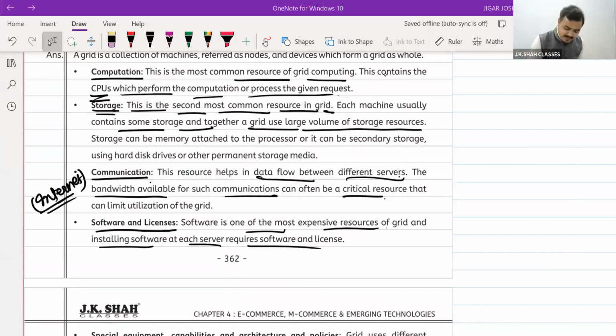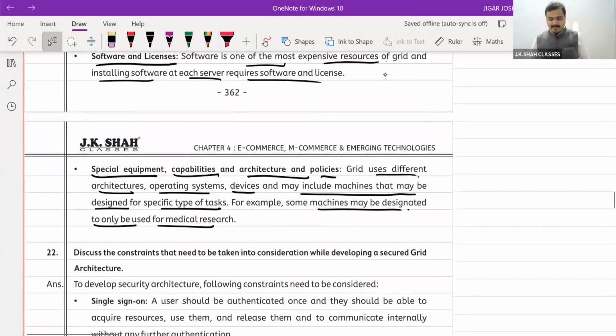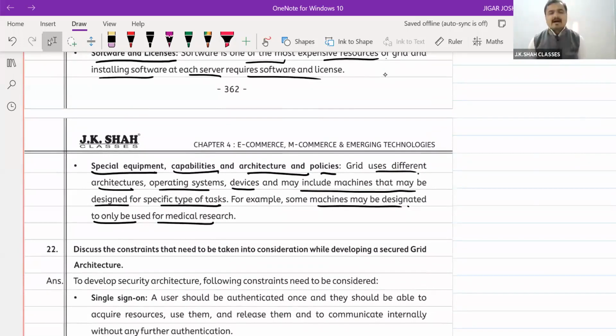Number four, software and license. And number five, special equipment, capability, and architecture and policy.